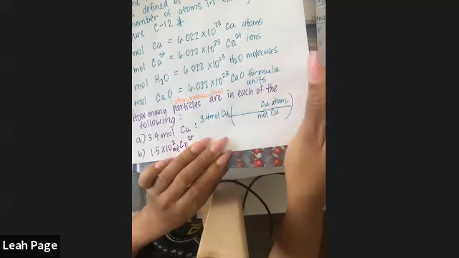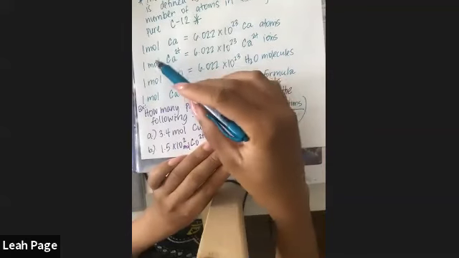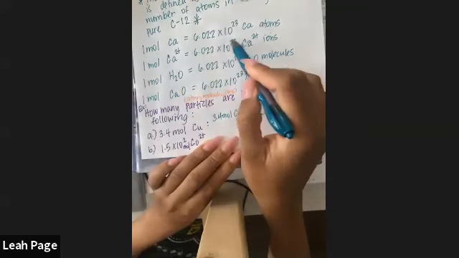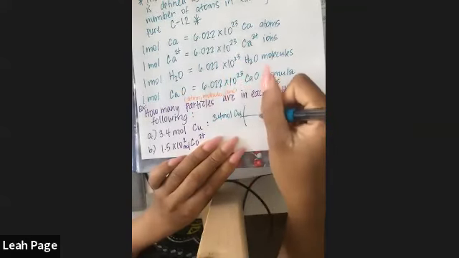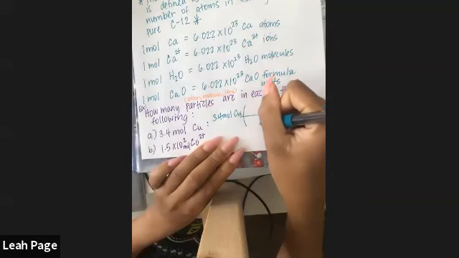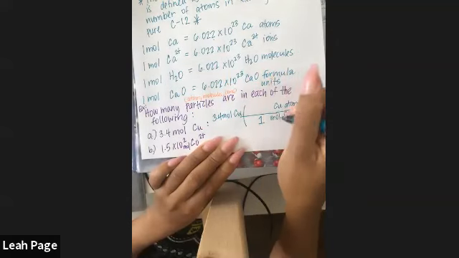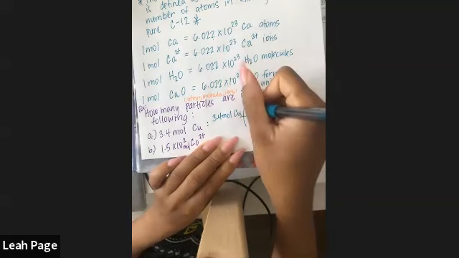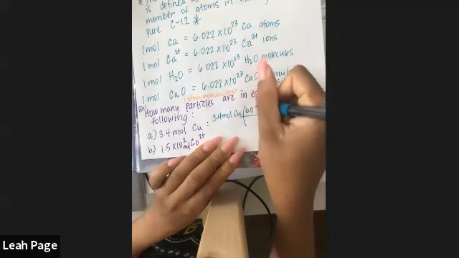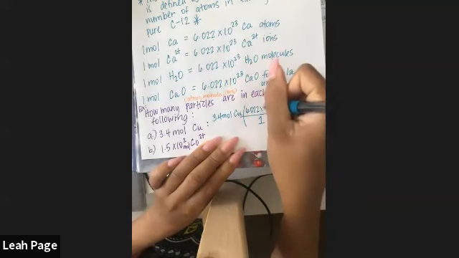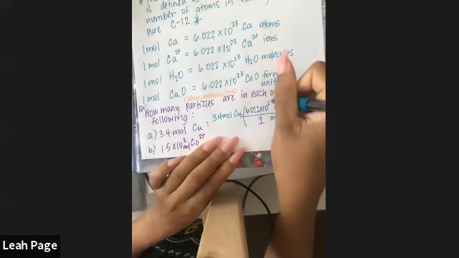And then I literally just plug in the conversion. 1 mole equals this number. You can always put the 1 in front of the mole when you use Avogadro's number. 1 mole equals 6.022 times 10 to the power of 23.